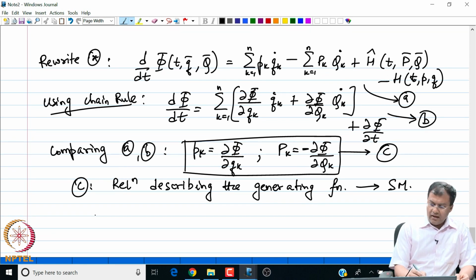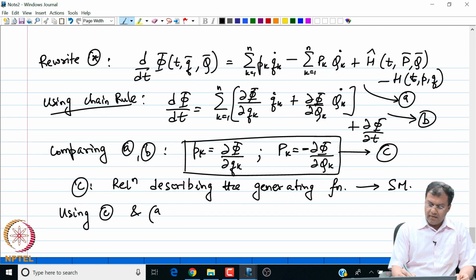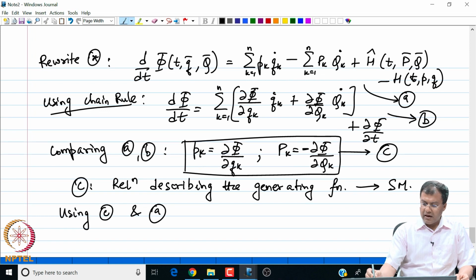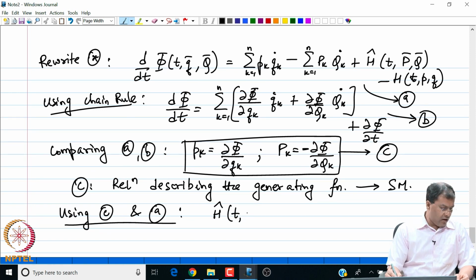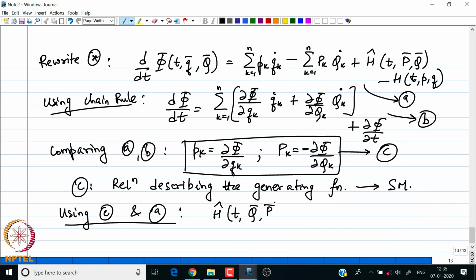And then we use C and A. Once we have compared everything, all that remains is that the partial phi partial t is the sum of this Hamiltonian. So using C and A, all I am left with is that h hat of t comma q comma p bar is equal to h of t comma q bar comma p bar plus partial phi partial t.